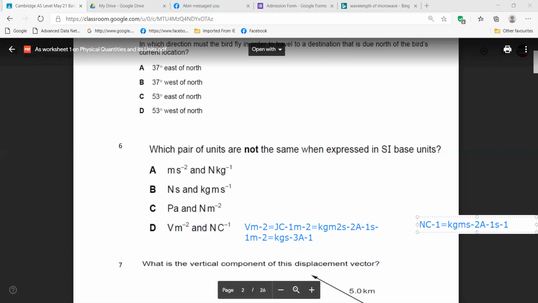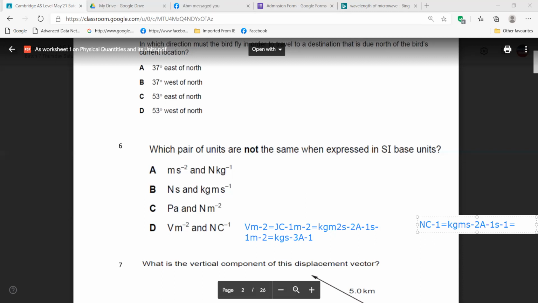Because q equals It. So if we are getting coulomb for charge, then coulomb minus 1 means ampere minus 1, s minus 1. And then we are simplifying it more.